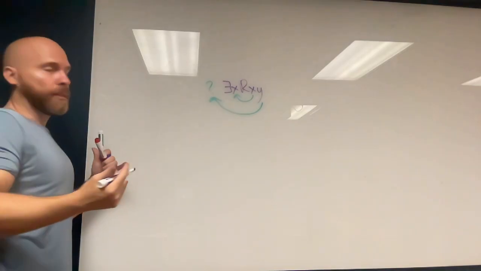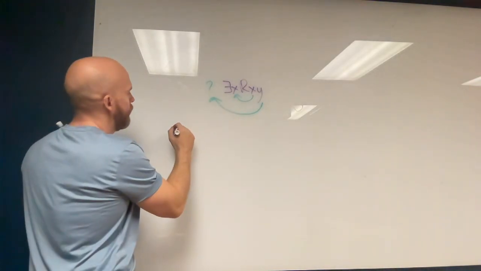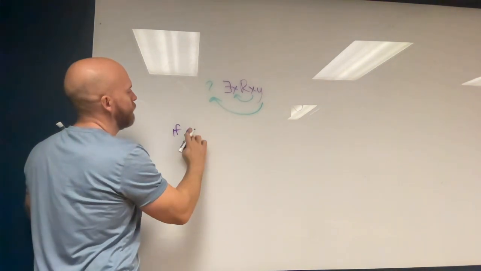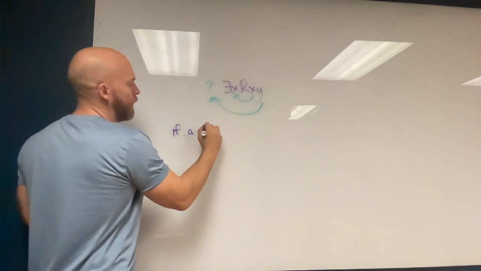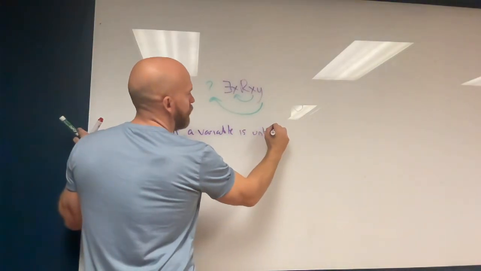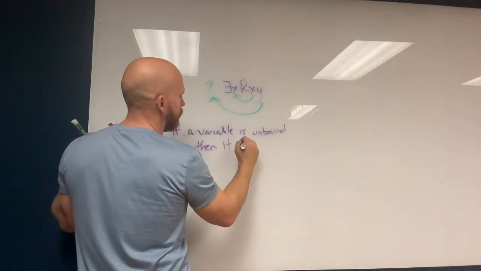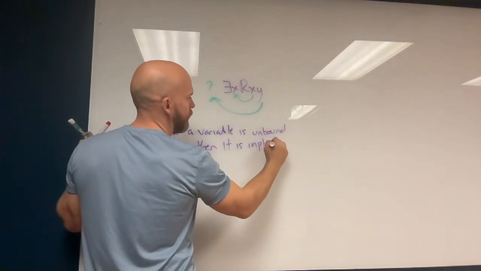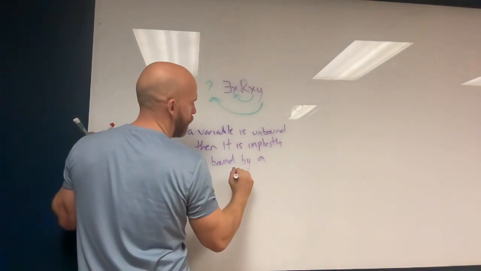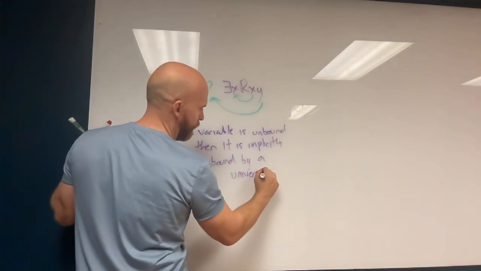What happens here is when you see an unbound variable, there's an implicit universal quantifier. If a variable is unbound, then it is implicitly bound by a universal quantifier.